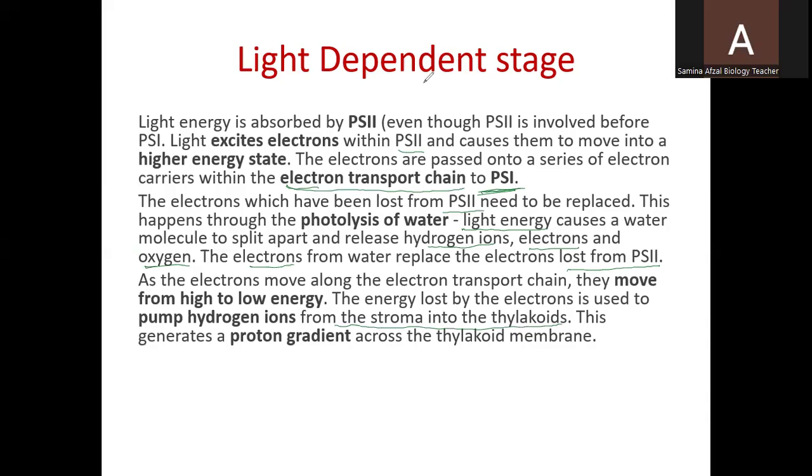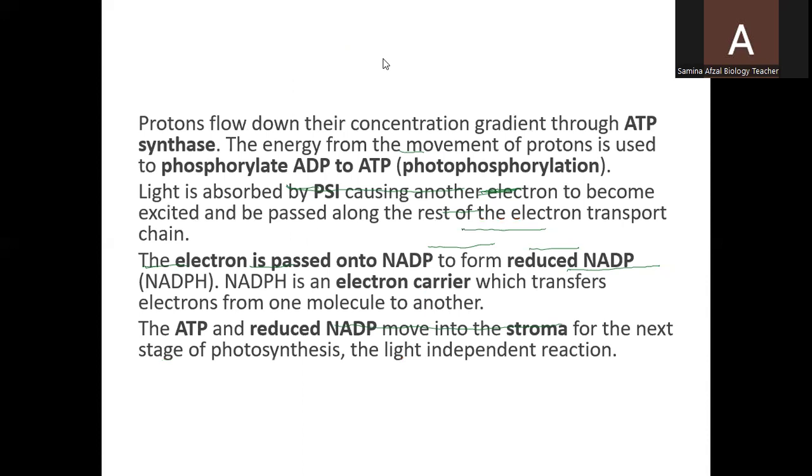So these protons flow down their concentration gradient. As you know, they will always move from higher concentration towards the lower concentration. These protons flow down their concentration gradient through ATP synthase, which is the enzyme.